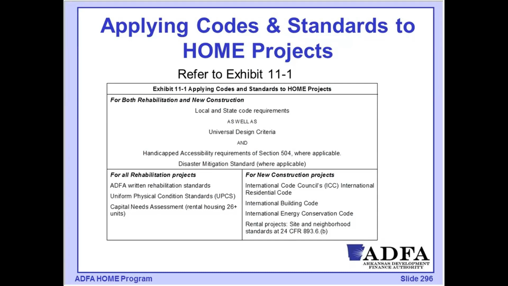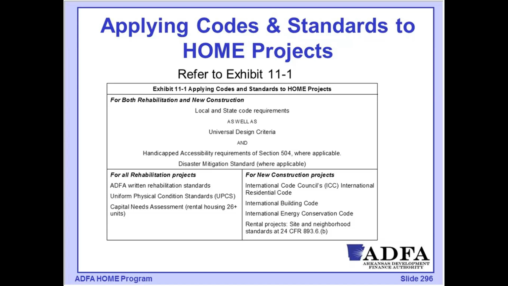So here's just a graphic to help sort out what applies. For both rehabilitation and new construction, we've got state and local codes, but we also have universal design criteria and the Section 504 requirements, which are for handicap accessibility. Now, keep in mind, 504 applies for new construction, but also for substantial rehabilitation in a property that has 15 or more units.